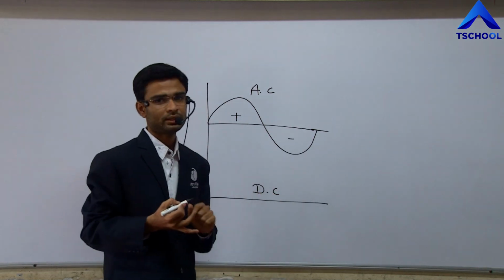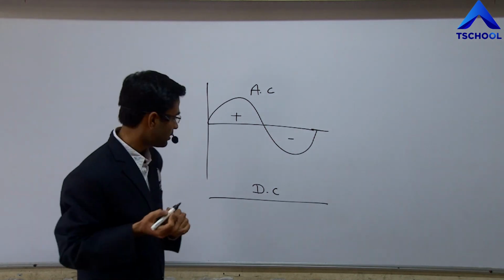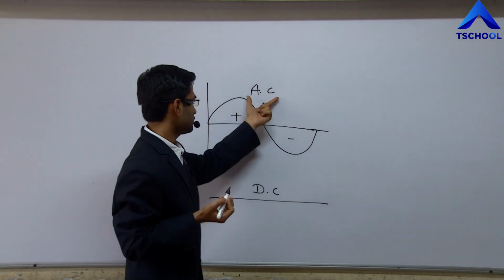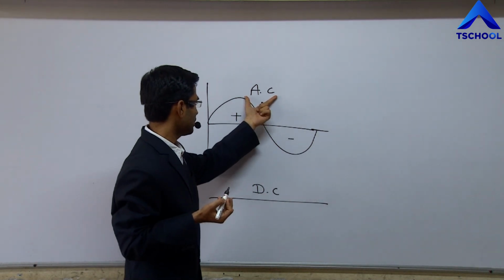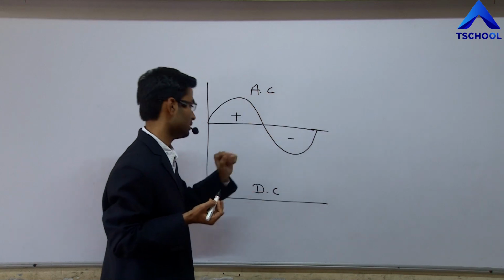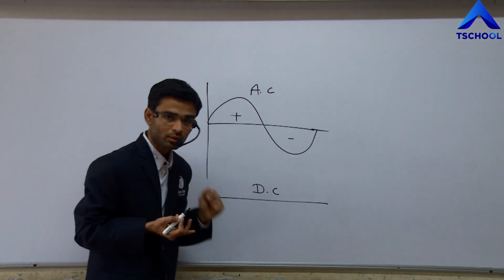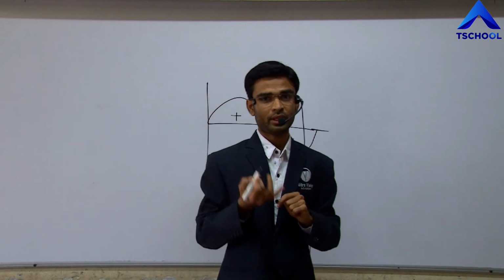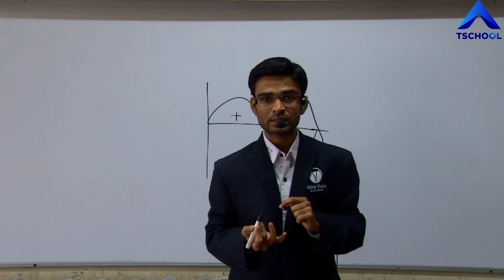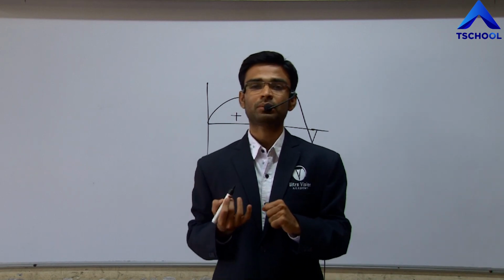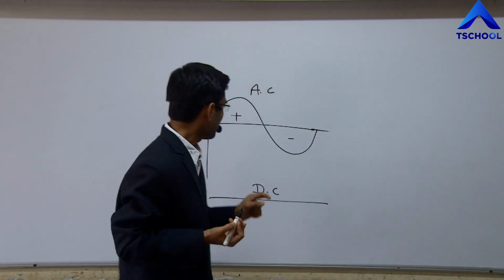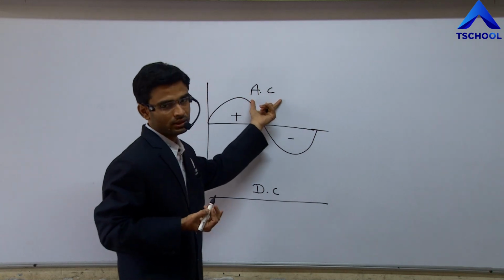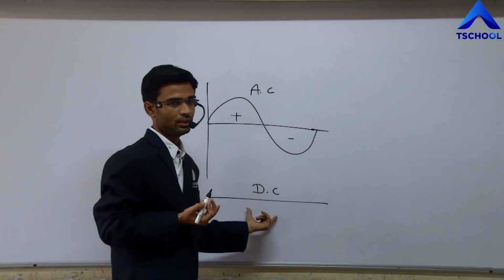Why we require direct current, we will see later. Now, for converting AC to DC, we require one device that is easily available in the market, that easily converts AC energy into DC energy.